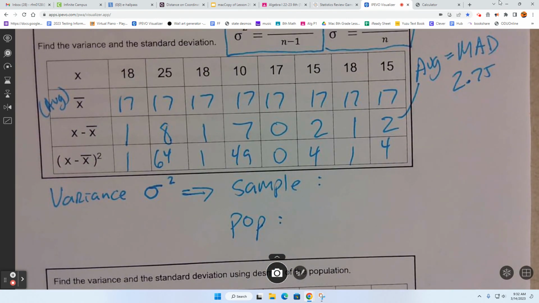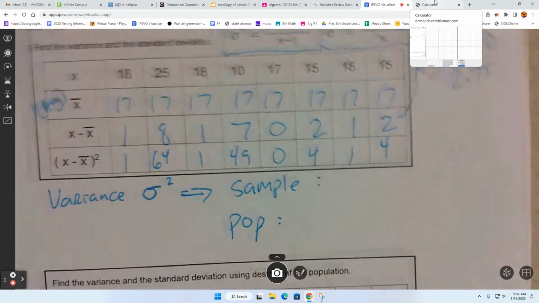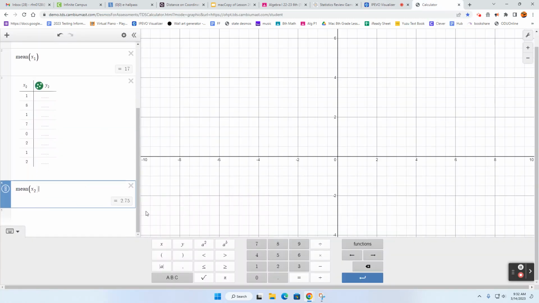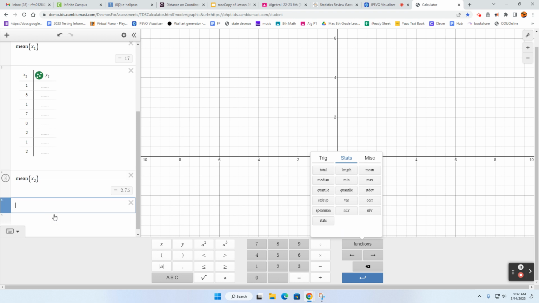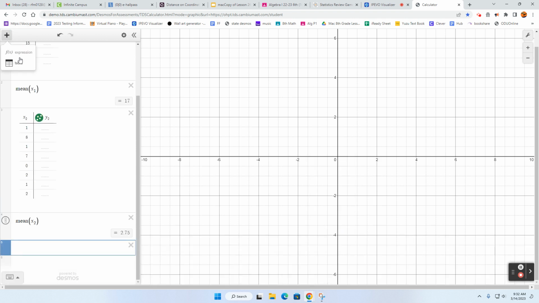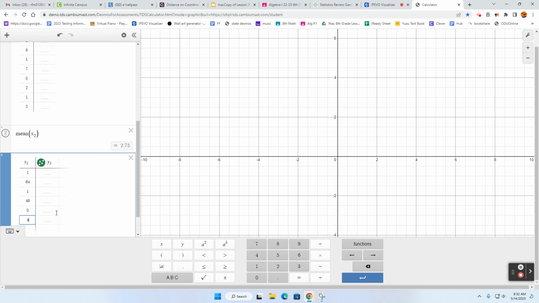Okay. So I'm going to go over here and I'm going to, actually I just need to add these up. I think our calculator will add them up. Total. So if I go over here and I go to a list and I want to add them up, so my numbers are 1, 64, 1, 49, 0, 4, 1, 4.